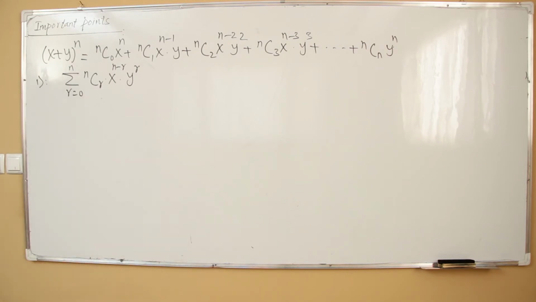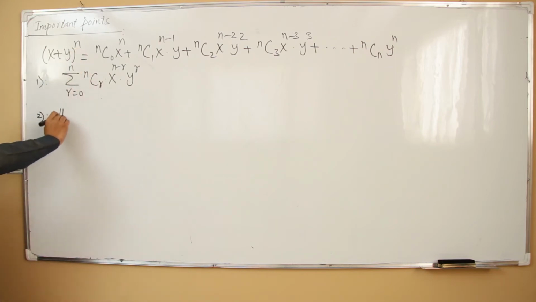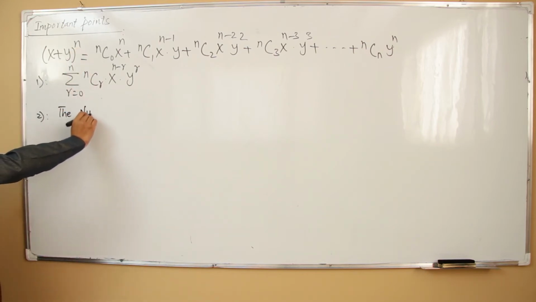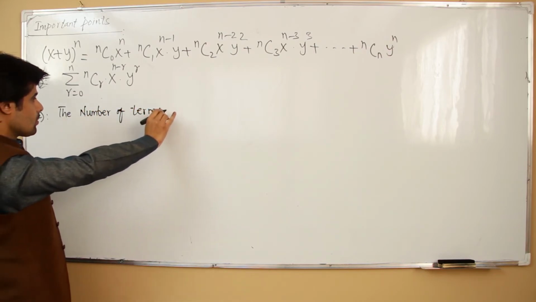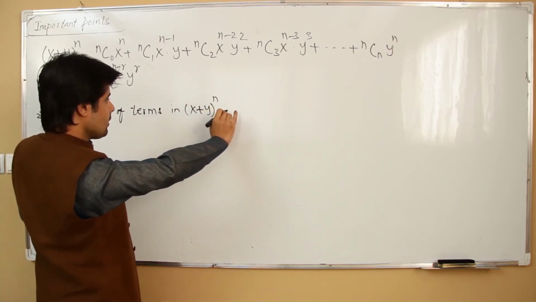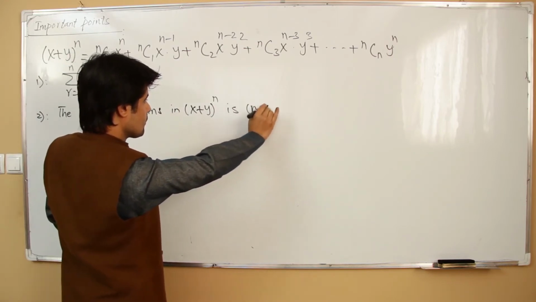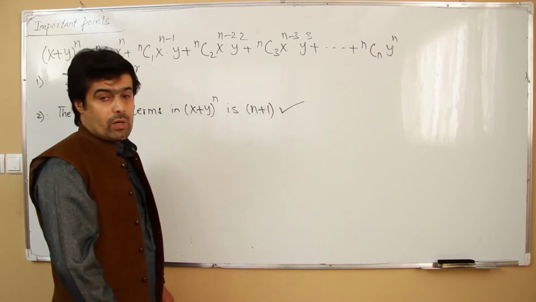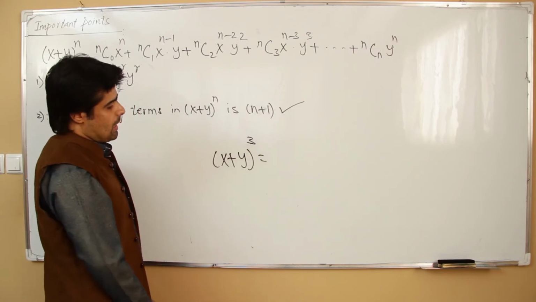Yes, you have got it. Second, you have to know how many terms we have in x plus y raised to the power n. The number of terms in x plus y raised to the power n is n plus 1. What does it mean? If we have x plus y raised to the power 3, what is the expansion?